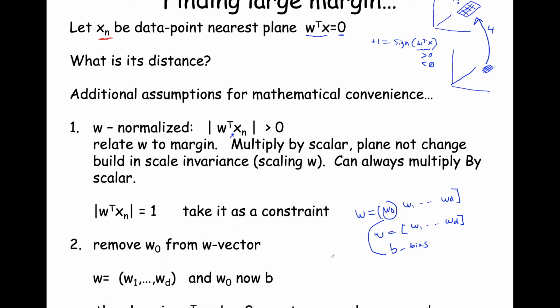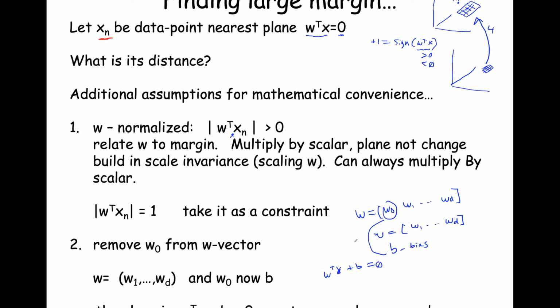So now, if we talk about the hyperplane itself, we said the hyperplane is the set of points x such that the score is exactly equal to 0. So what does that mean? It means that W transpose x plus the bias, we no longer have an x naught. You could say the x naught is still there, but x naught was 1, plus the bias is exactly equal to 0.